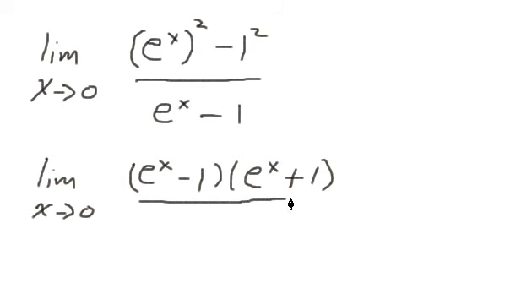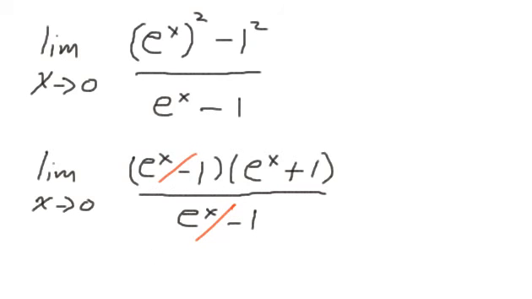So that guy factors out to that, and we have e to the x minus 1 down here in the denominator. As you can see, we have e to the x minus 1 in both, so we can cancel those out and rewrite this limit.